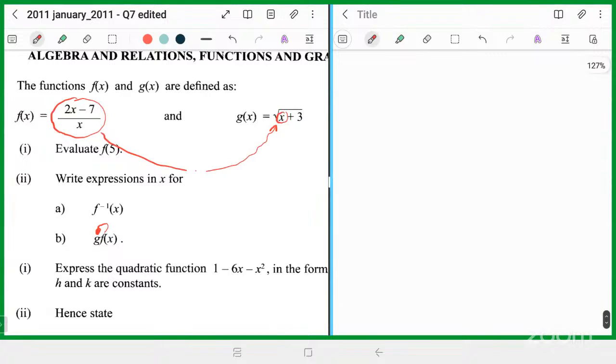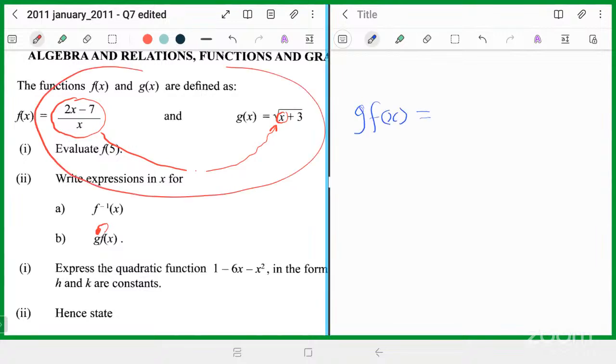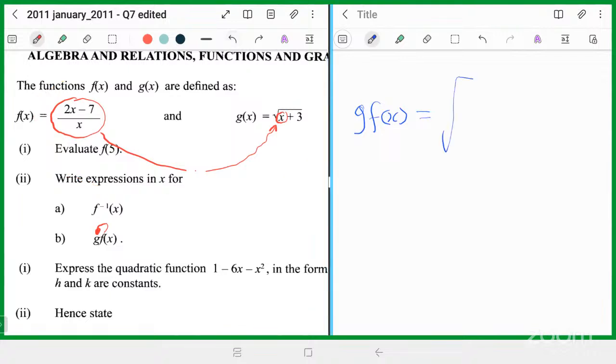So we do that construction, we're going to get it. G of f of x is going to be based on this construction that I've set up over here. Put the square root, where the x is, put all of f there: 2x minus 7 over x. That's where the x was a while ago.